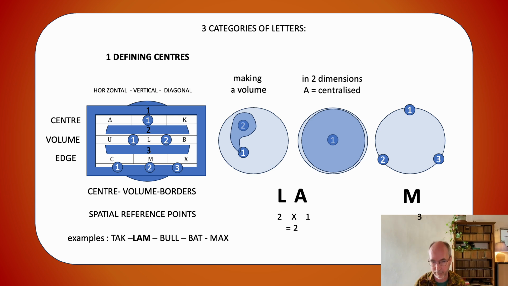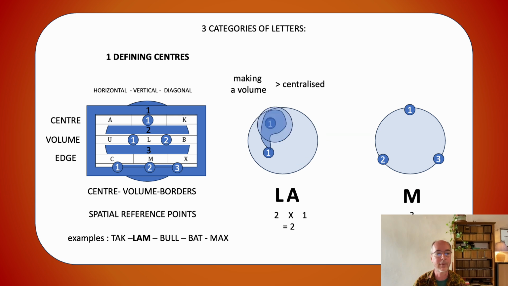So that's how I have to think to adapt the A to the L information of direction. So when I add the L with the A on top of it, I see here that I'm making a volume, and it's centralized somewhere, this making of a volume.